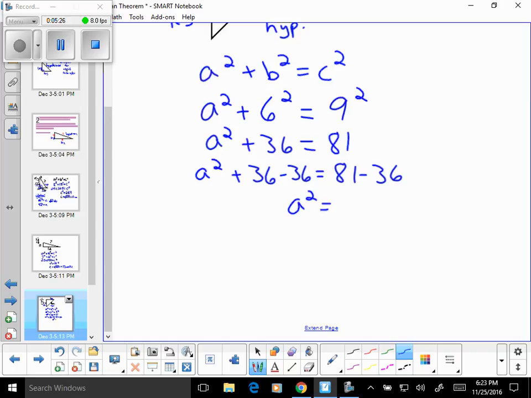A squared is going to equal 45. The square root of a squared is a. I'm going to take the square root of 45, which is not a perfect square. So this is where you use that calculator, use that square root key that we talked about the other day, and you end up with 6.7 because we're going to round off to the nearest tenth.